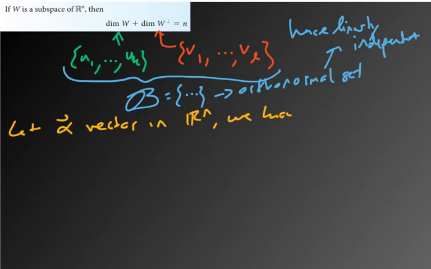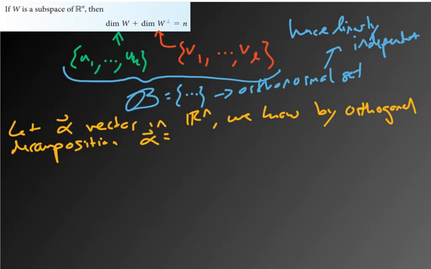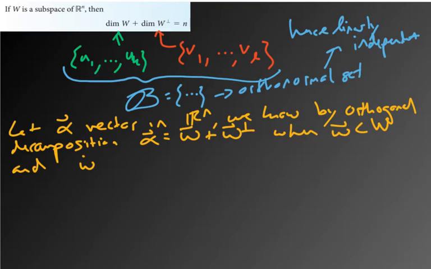We know by orthogonal decomposition, alpha should equal W plus W perp, where this W vector is contained in the subspace W, and this W perp vector is contained in the space W perp. That's just some result from last time that we saw, that no matter what, we could always do this.